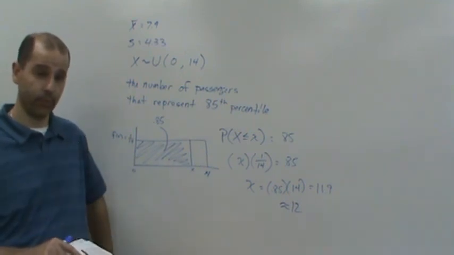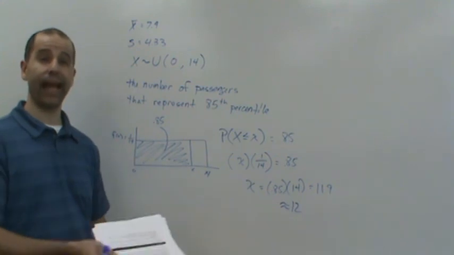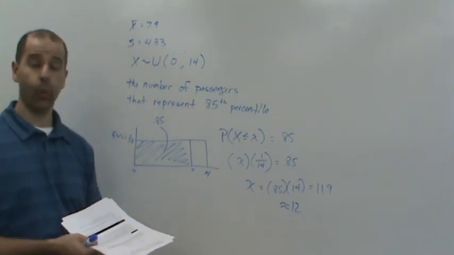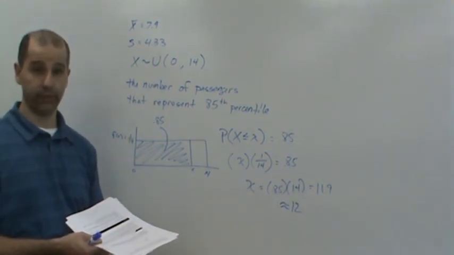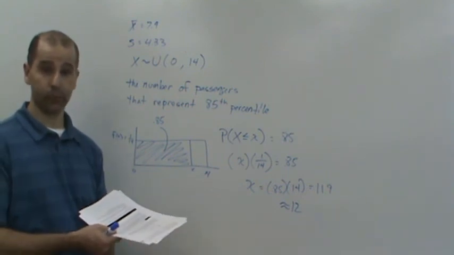That's what I mean to say. Okay? So that's how we can use percentiles and the uniform distribution to figure out what the x value is, or where the cutoff is for the particular percentile.